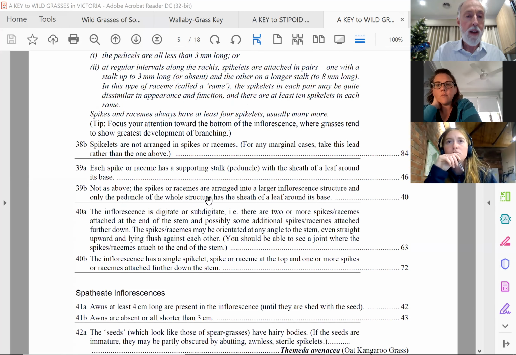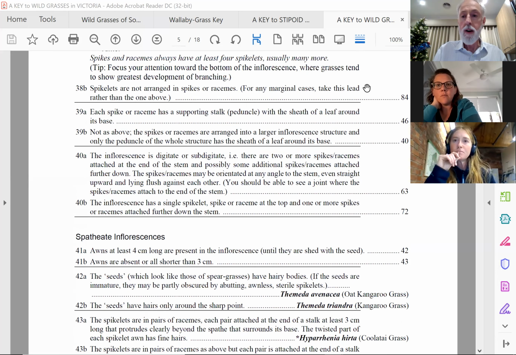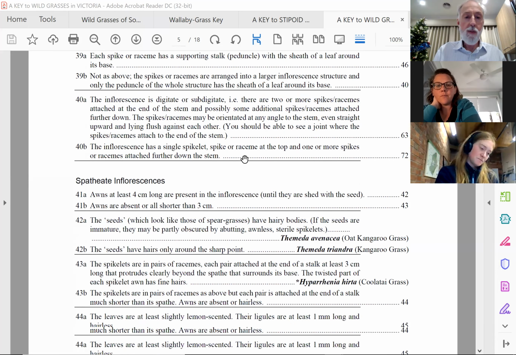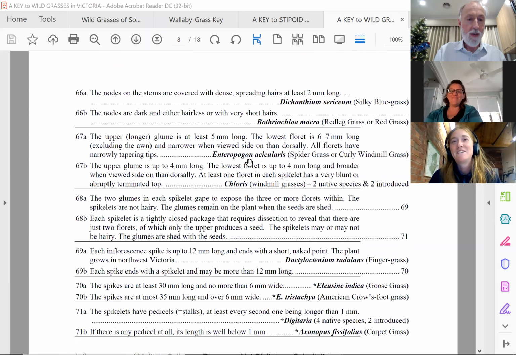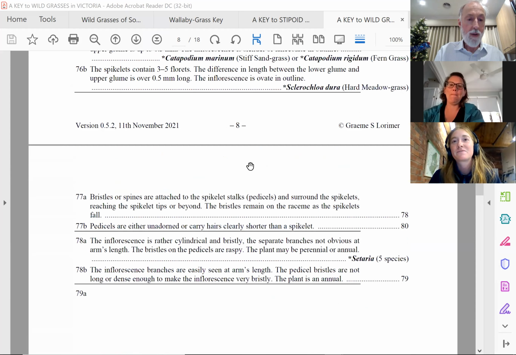We'll perhaps do that either in the field tomorrow or next week. So we'll go via 38B to 84. It always gives me a sense of achievement when I zip through a whole lot of stuff. Skipping down to 84.